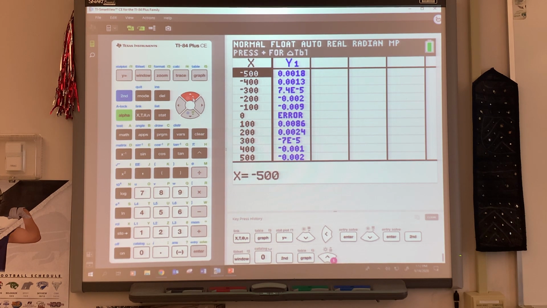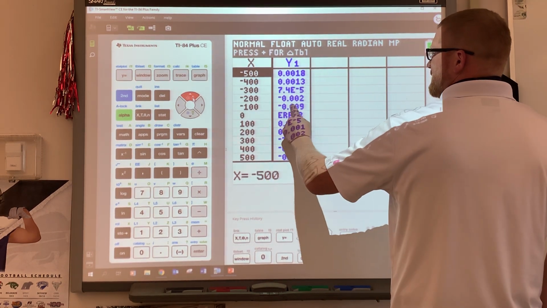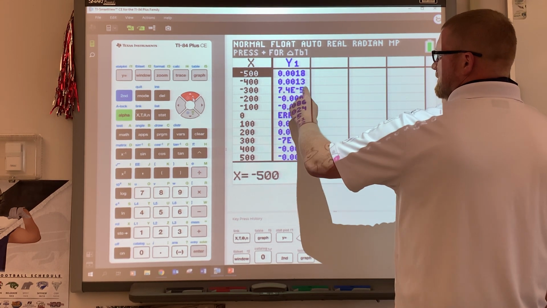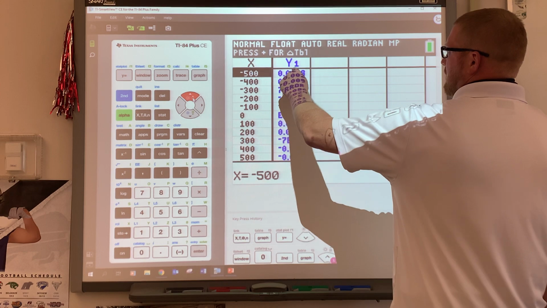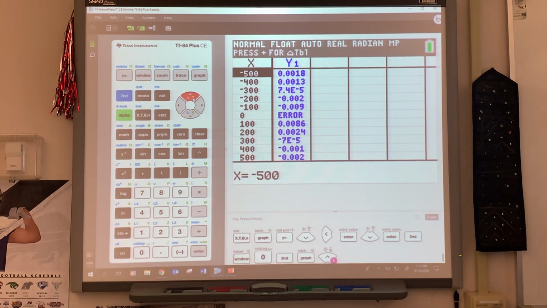You can see, as I have x approach negative infinity, so I'm going that way, what's happening here? I've got negative 0.009, negative 0.002, this is scientific notation, but all you see is we're oscillating back and forth. I might need to go quite a bit further to see that we actually do get closer to 0.